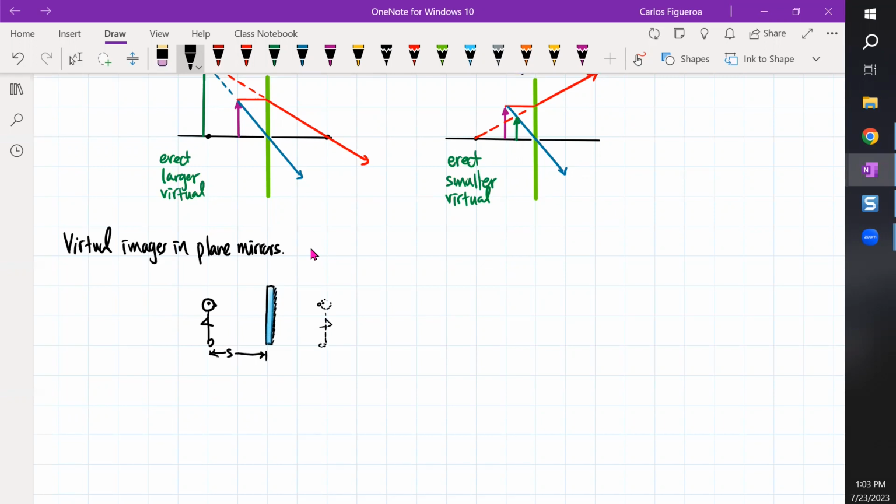In other words, the image distance is the exact same as the object distance.